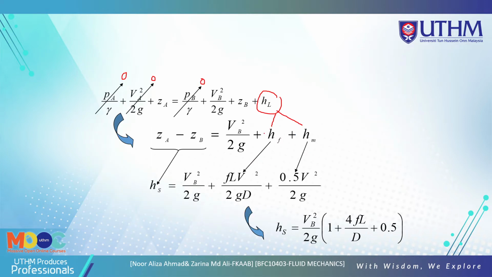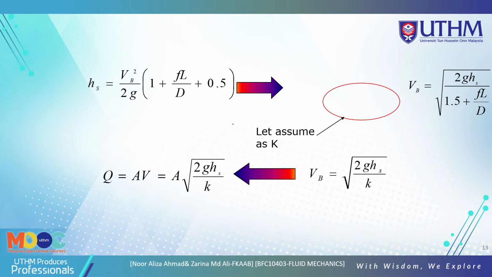Now we have the HF and HM, so we just calculate here, until you get HS is VB squared over 2G times 1 plus 4FL over D plus 0.5. Based on this you get the formula here. HF is VB squared over 2G times 1 plus FL divided by D plus 0.5.